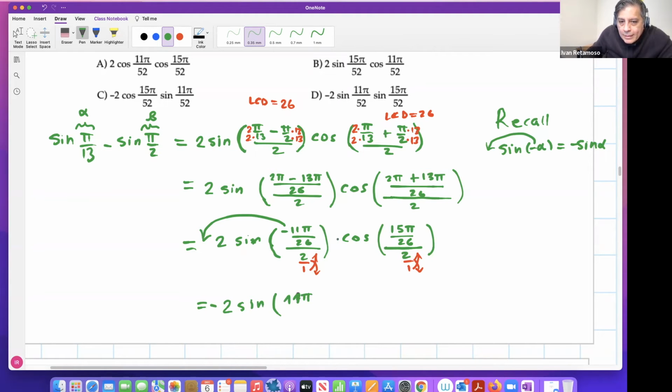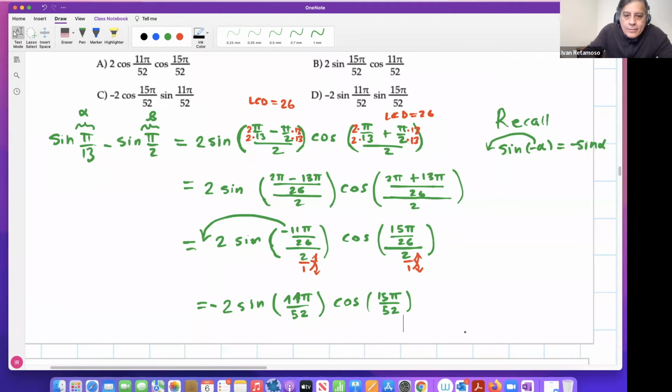But this times 2 on the bottom, 52, right? 52, great. Same idea here, cosine of what? We have to multiply this times 1/2, right? 1 times 15, 15 pi, right? On the bottom, 2 times 26, 52. And this should be it, right? Follow, guys?